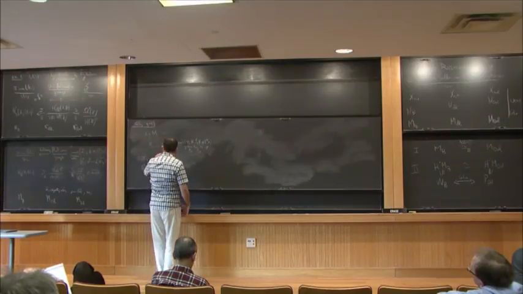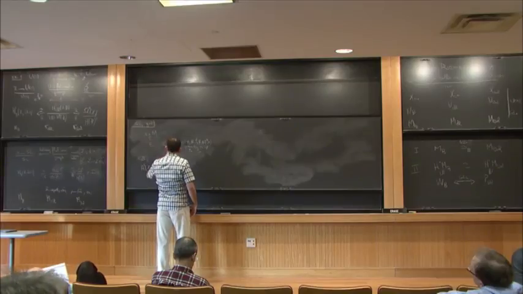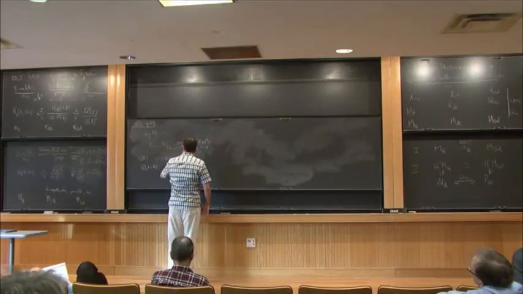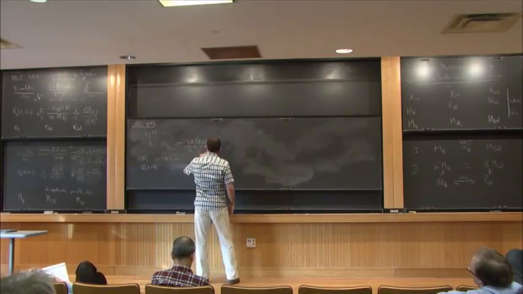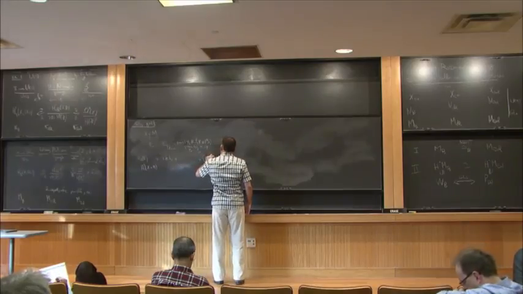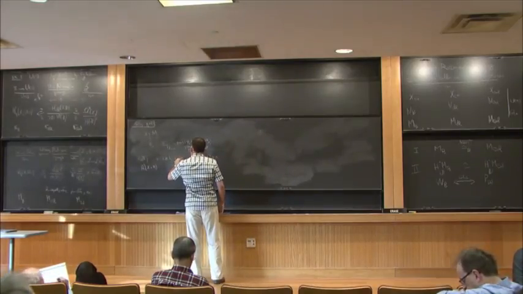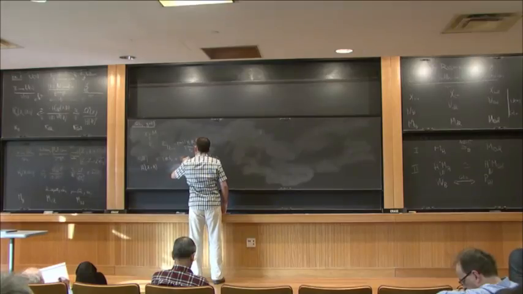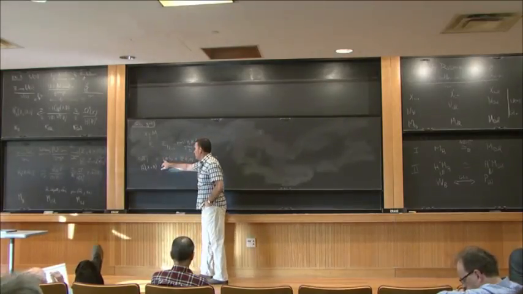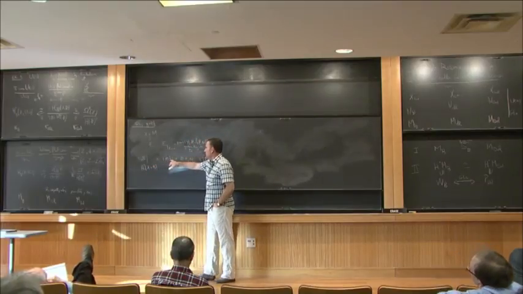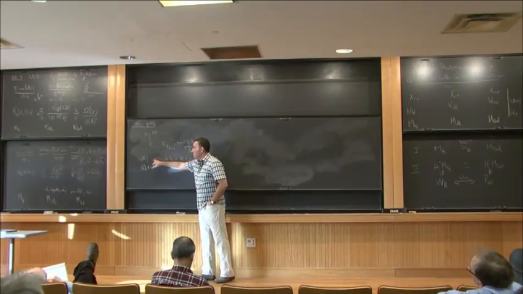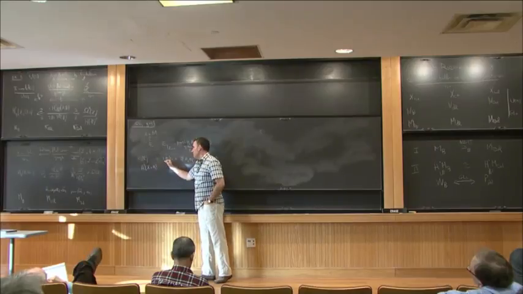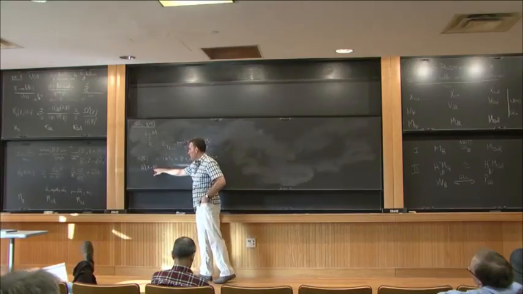So I can write it like this: 1 tensor b plus point tensor A plus sum epsilon j tensor pj. So let me explain. This is the fundamental class of the curve, and this is the Künneth component of this object inside of here, call it B. So this is a class in the fourth cohomology of M.